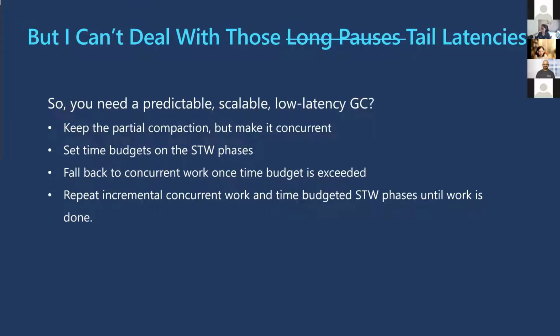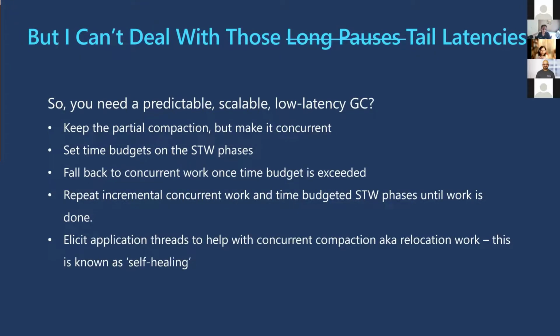So, that's what I explained here. You just do this back and forth and do incremental work in these budgeted stop the world pauses. Worst case, right? I am doing this back and forth, but I cannot keep up with the mutation of my application, basically the changes that are happening to the object graph.